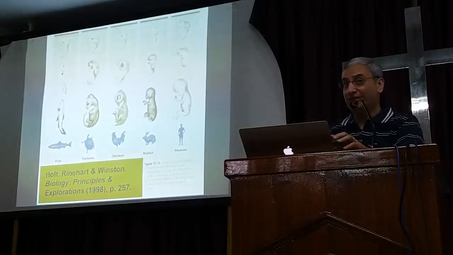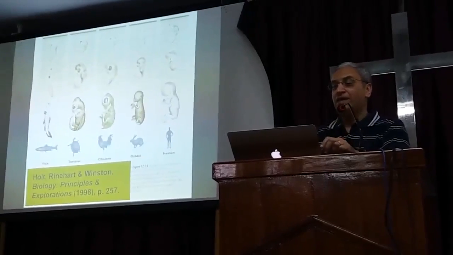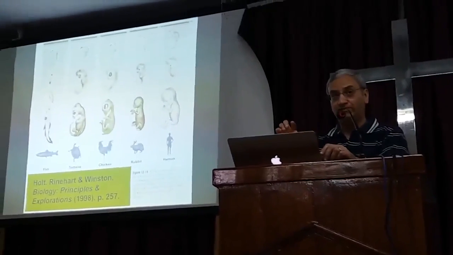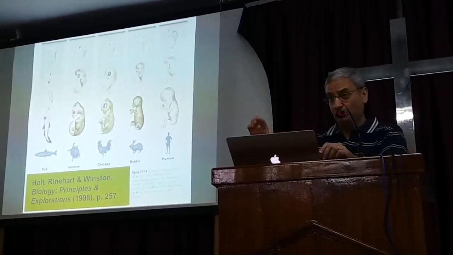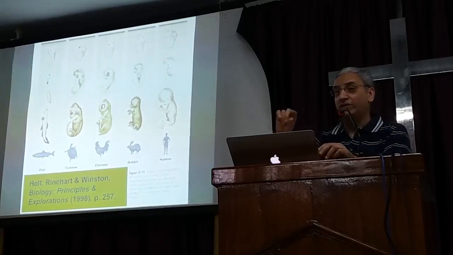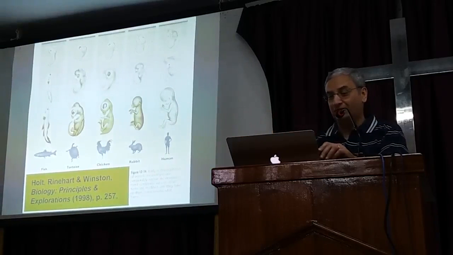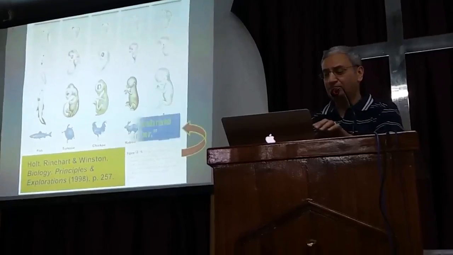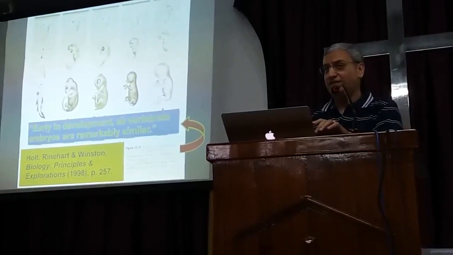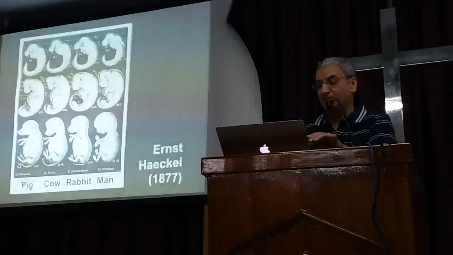This is somebody called Haeckel, and Haeckel was living during the time of Darwin. And he said that in embryology, the little fetuses in the womb, they are all like each other, like all the animals are the same. So he said we are just an animal. And he wrote this, and he gave the impression that everybody goes through stages of animals.